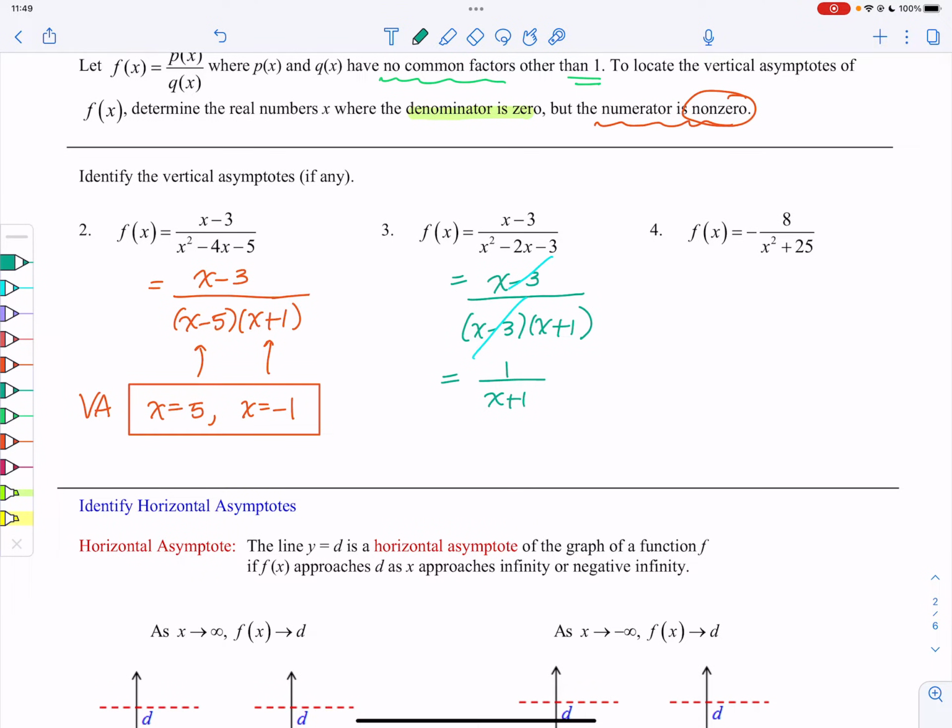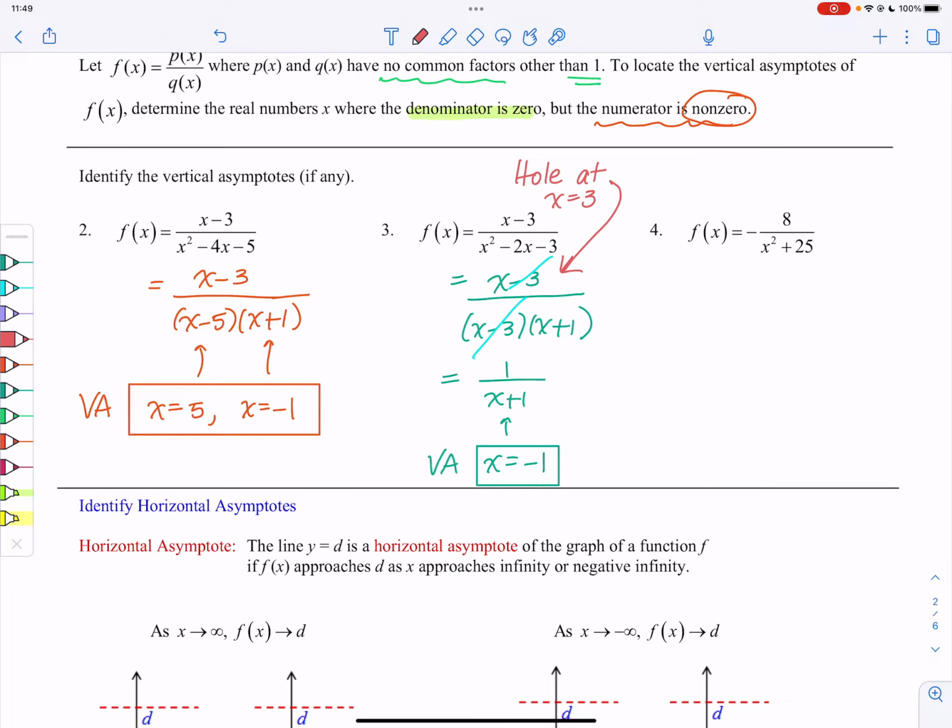So now we have a vertical asymptote at x equal to negative 1. We do have a hole at x equal to 3, and I think it's worth mentioning: when you cancel a term, there is a hole in the graph.